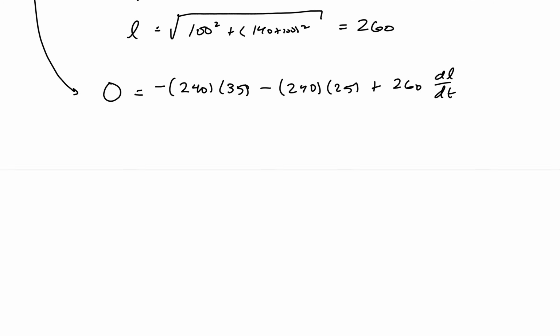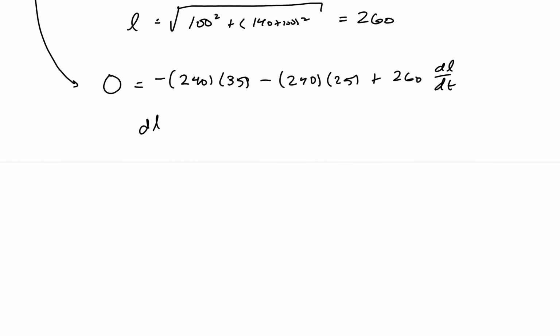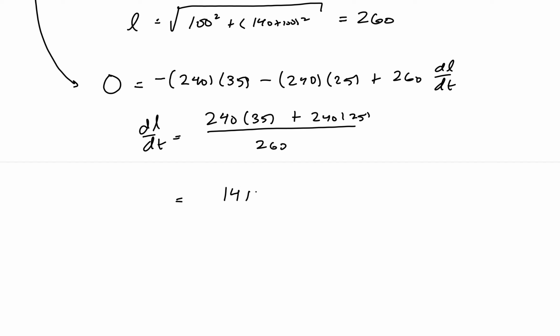So solving for dL/dt, this is equal to 240 times 35 plus 240 times 25 all over 260, which is 14,160 over 260, which is about 54.46 kilometers per hour.